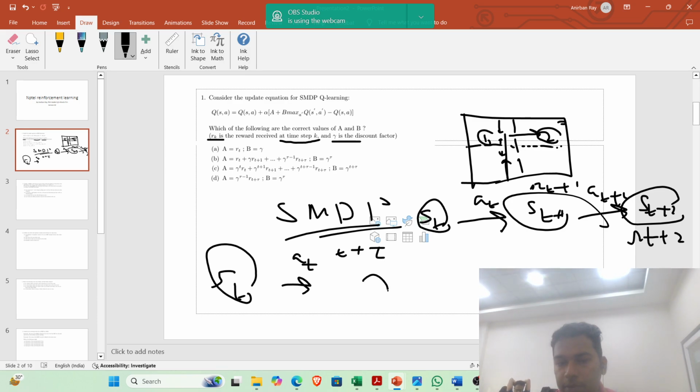After t plus tau, the state changes to st plus tau, and the discounting factor is gamma to the power tau. The reward at this point is r t plus tau. So it goes on like this. This is at plus tau dash. This becomes st plus tau dash plus tau.